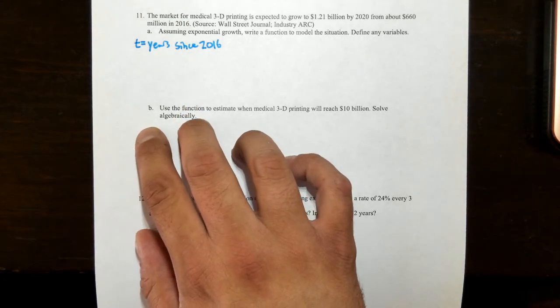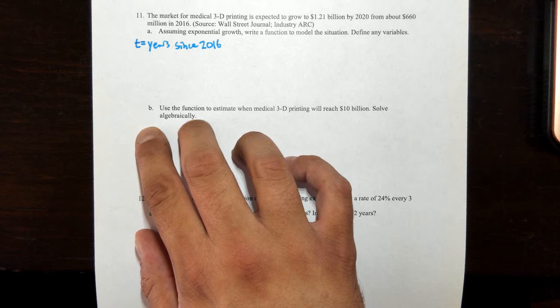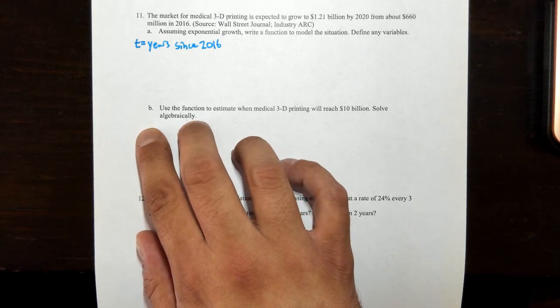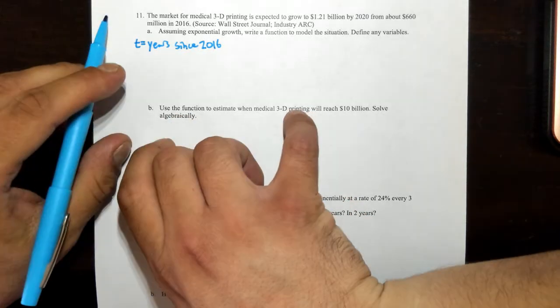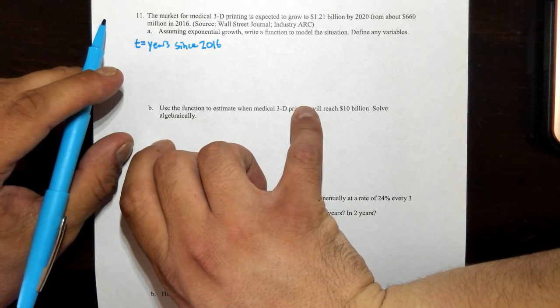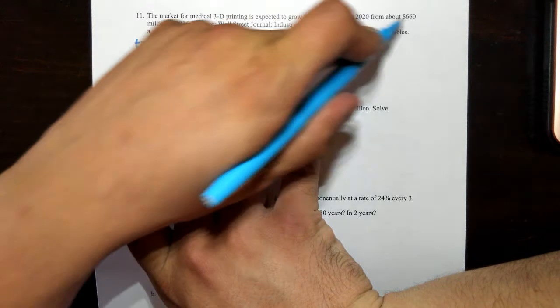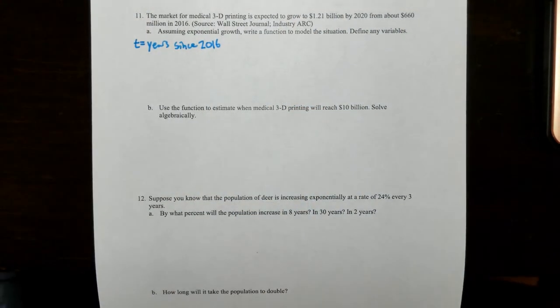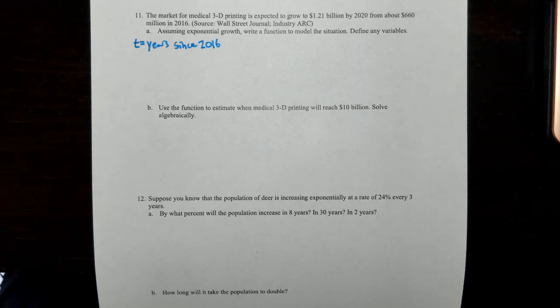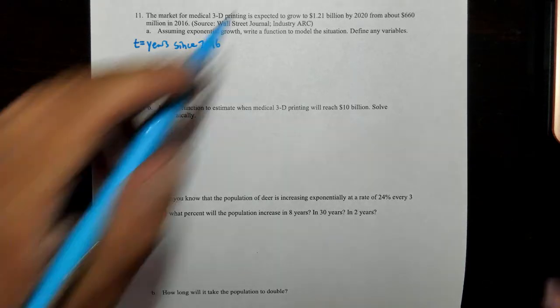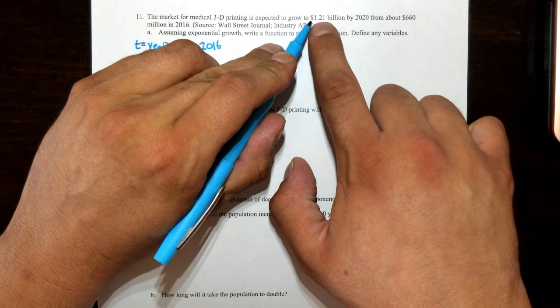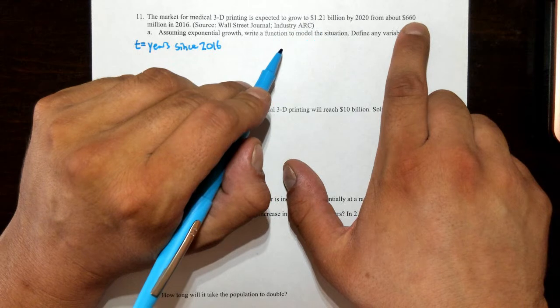And let's see. I need to find my growth factor. But to do so, I need to divide my 2 points here, my 2 outputs. But we want to make sure that they're in the same kind of number, if you will. This is in terms of billions, so 1.21 billion. This is in terms of millions.